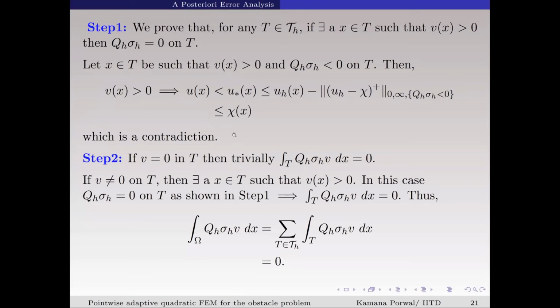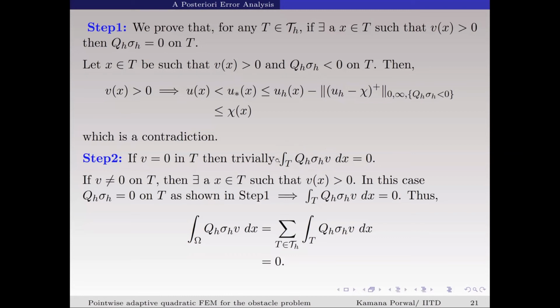Now let's consider this integral, the integral of QH sigma H times V over the element T. If V is identically equal to 0 on the element T, then of course this integral is 0. If not, then there will exist a point in the interior of T where V is strictly positive. But we have proved in step 1 that QH sigma H is going to be 0 in that case.